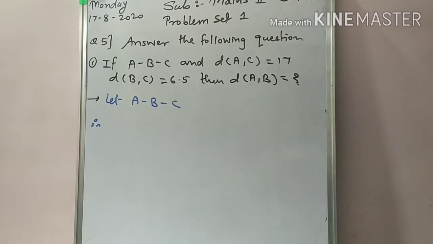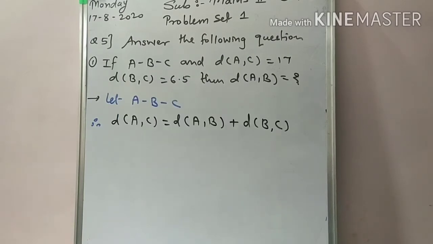Okay, so here according to betweenness, B lies in between A and C, A dash B dash C means that the longest distance is what? Yes, of course it is distance AC. So first we write down the addition property using betweenness. Understood, students?